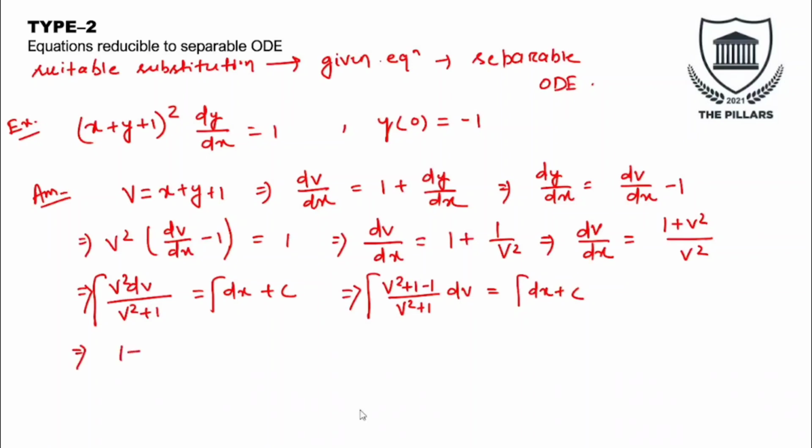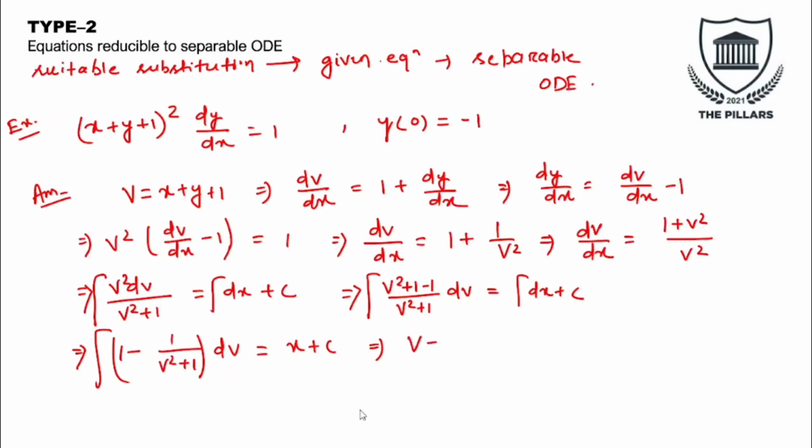Now we get the integral of (1 - 1/(v^2 + 1)) dv is equal to x + c. You know the integration of 1 is v, as it is being done with respect to v, and this gives us tan inverse v.